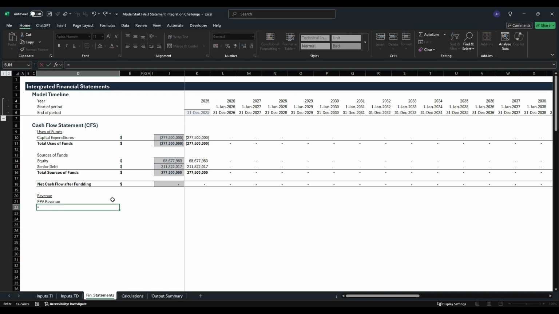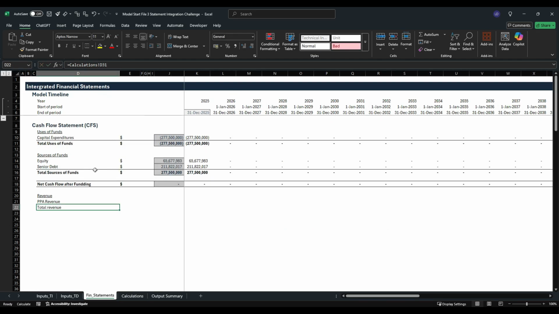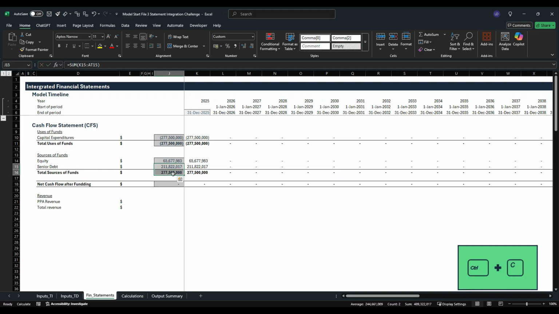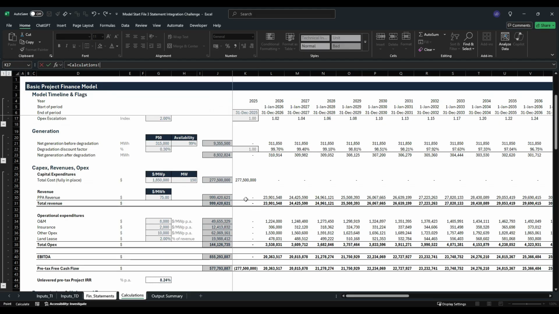Let's model our total revenue anyway. Here as well, pick up the label. Both of these will be in dollars. Then we can pick up these 2 row totals here, and our PPA revenue is right here.